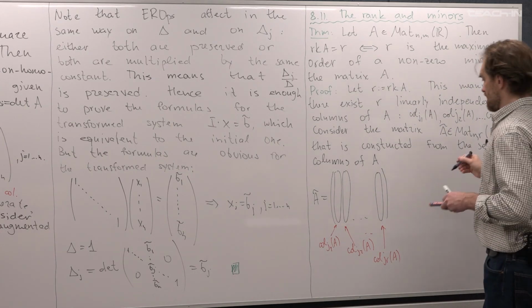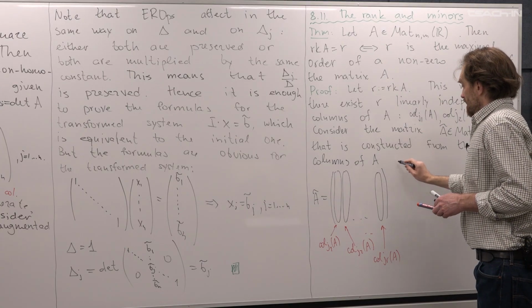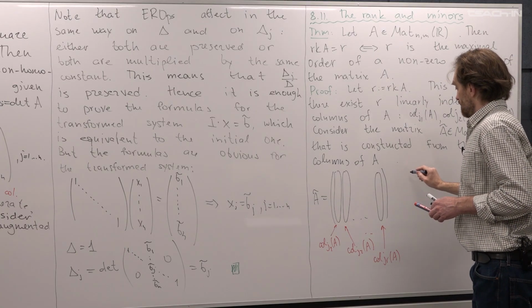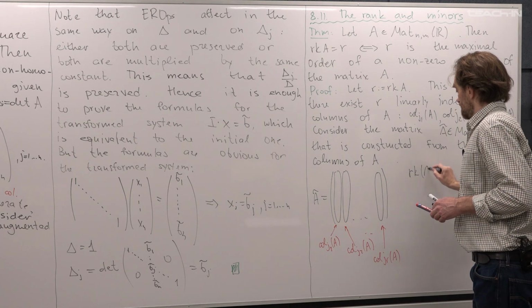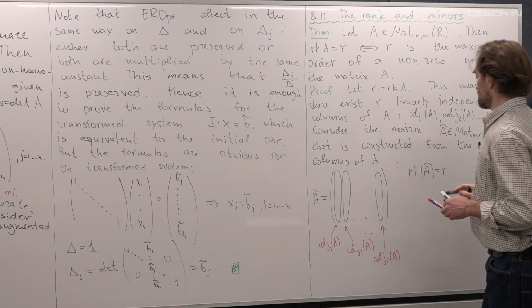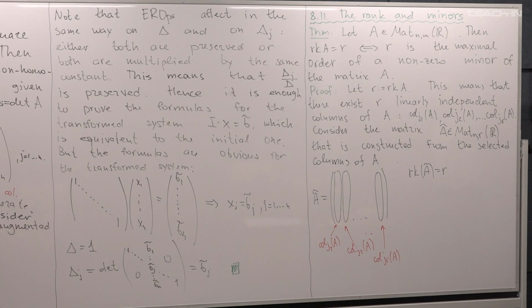So the rank of this matrix is also R, just because it consists of R linearly independent columns.